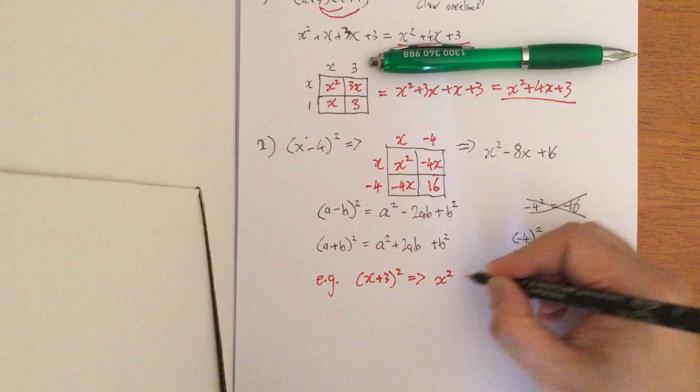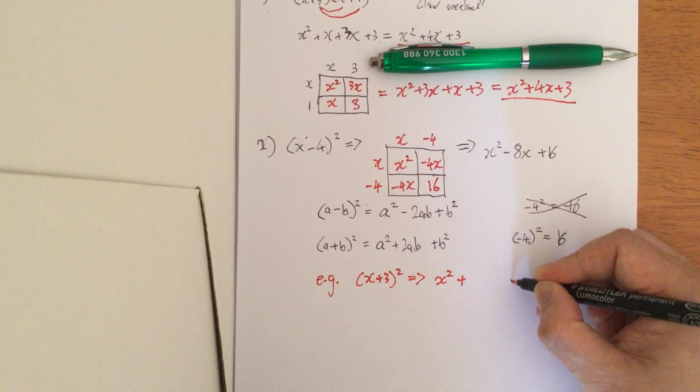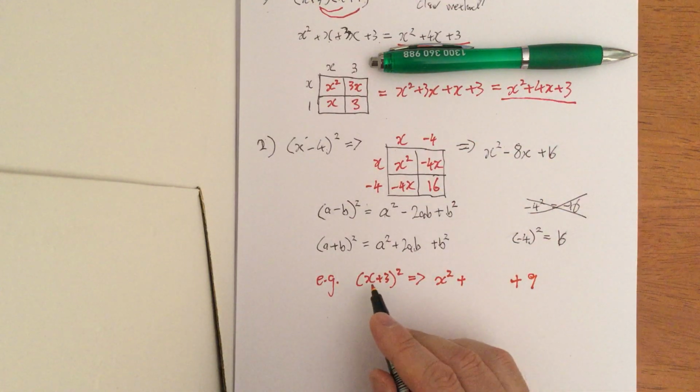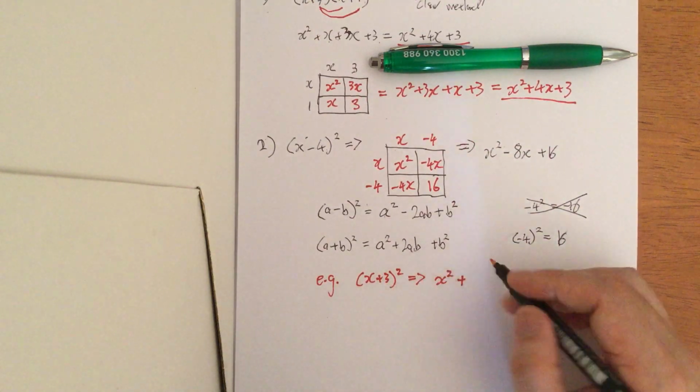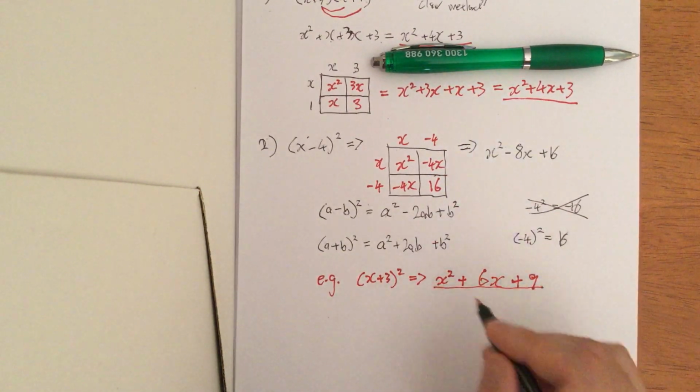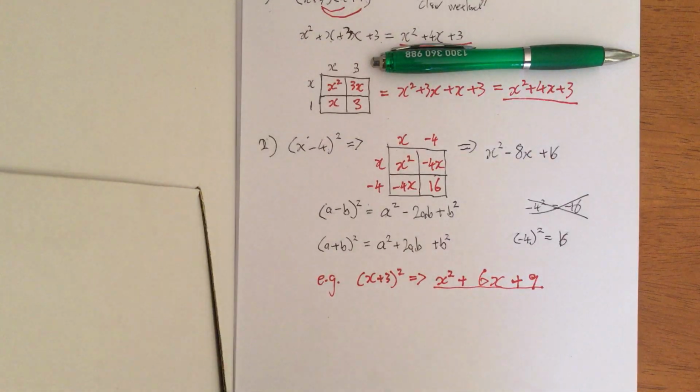I don't know what the middle term is, but it's a plus. Leave it blank for a bit. The last term should be 9. Well, 2ab, 2 times x times positive 3. That sounds like 6x, okay? Put this in your calculator, have a look, have a go on this one here.